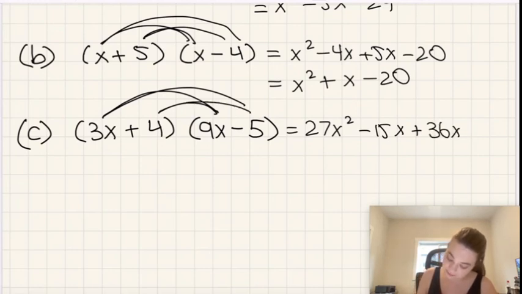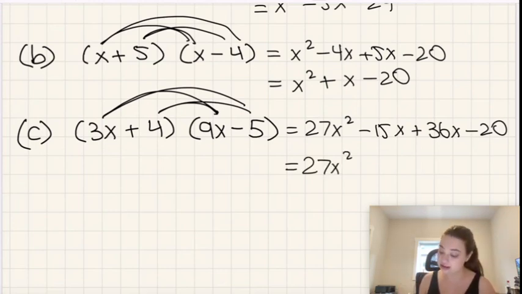And then we have 4 times negative 5, which is negative 20. And then I'm going to go ahead and combine the 36x with negative 15x. And that is going to give me 21x. And then we have minus 20 there like that. And there we go. We did it.